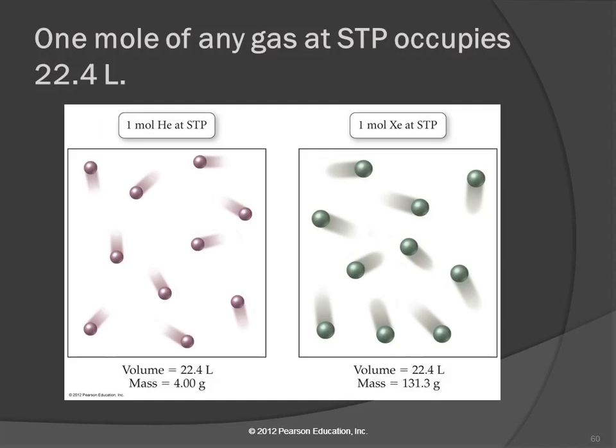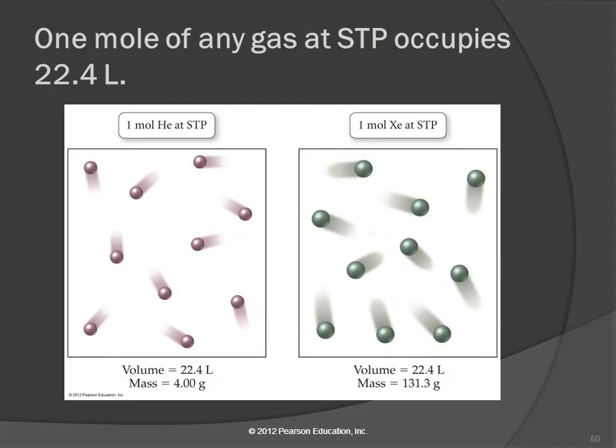Here's helium and xenon. And so here we see that the volume here represents 1 mole of helium, and 1 mole of xenon particles, equal amounts, and they're occupying the same overall volume, even though the xenon particles are definitely larger than the helium particles.